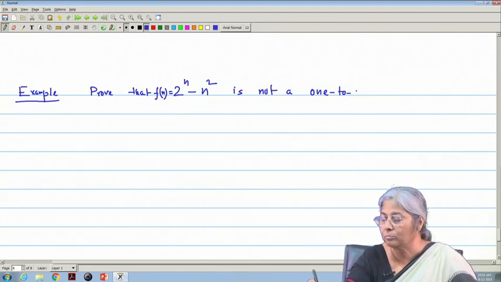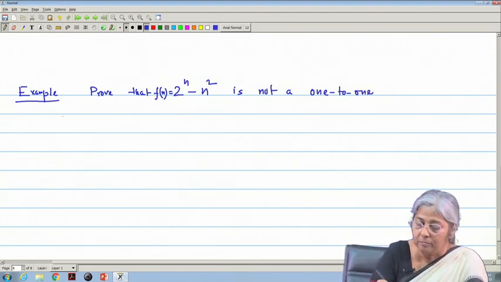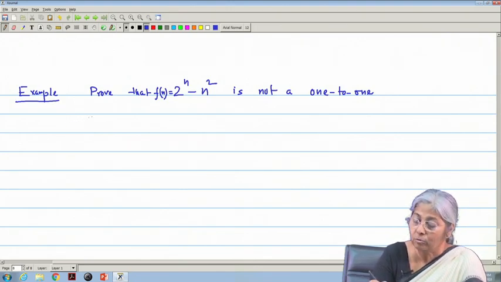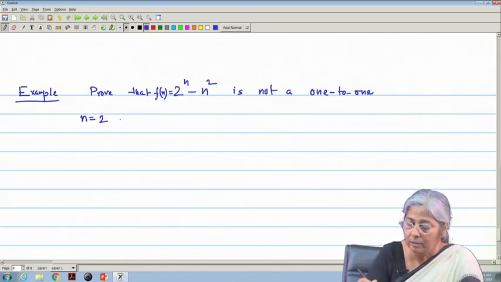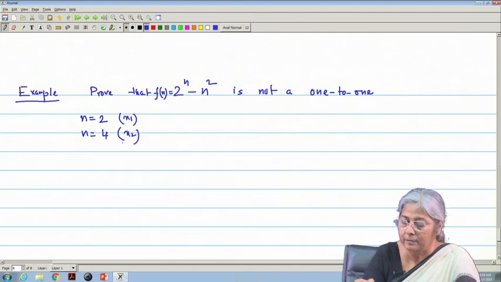So, not 1 to 1, then we have to show that there exist some x1 and x2 with f of x1 equal to f of x2 and x1 not equal to x2. So, now if I take n equal to 2 and n equal to 4, where n equal to 2 is x1 and n equal to 4 is x2, say.